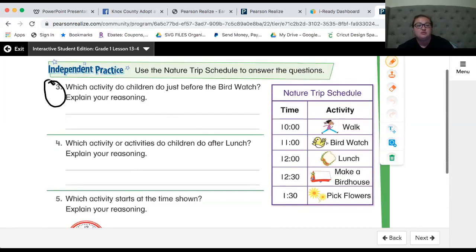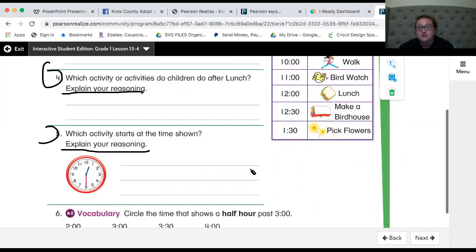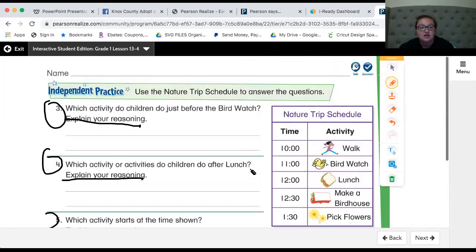I want you to do problems 3, 4, and 5, and every time it says explain your reasoning, you can just tell your parents or whoever's working with you on your NTI work. You just write the activity that they're doing when it asks you. So on this page, page 729, do problems 3, 4, and 5.